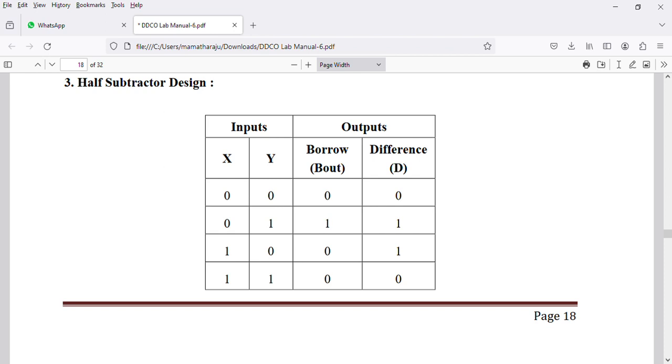In the half subtractor, we'll have two inputs x, y and two outputs, borrow out and difference. Here we always subtract x minus y.